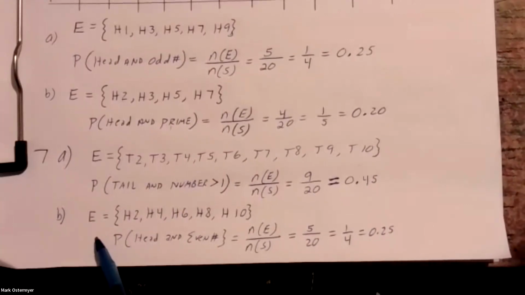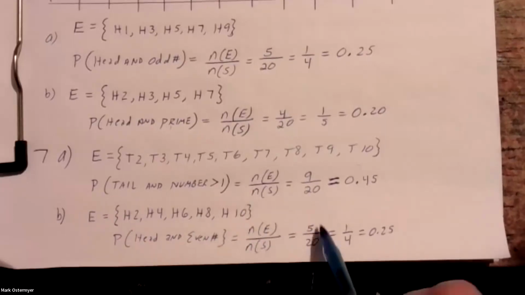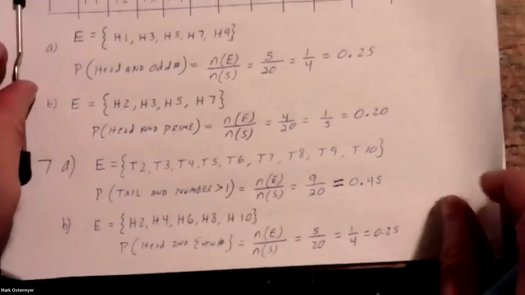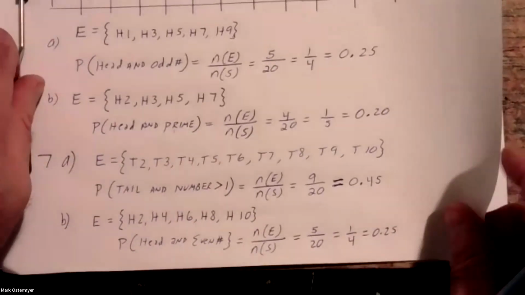What's the probability for B of flipping a head and rolling an even number? That could occur 5 ways: head 2, head 4, head 6, head 8, head 10. So 5/20, or 1/4, or 25% chance, 0.25. All right, making sense here?